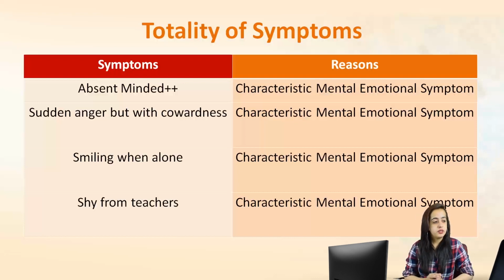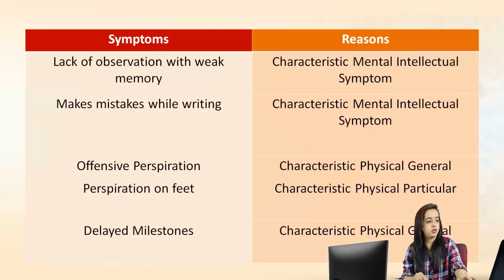Smiling when alone is again an important symptom. As I told you, it is not normal and common in a 12-year-old child. Shyness from teachers is a very specific symptom which is again characteristic. Lack of observation with weak memory is a characteristic mental intellectual symptom.